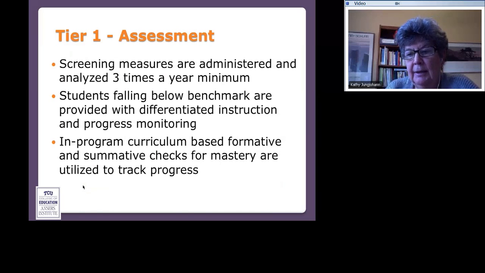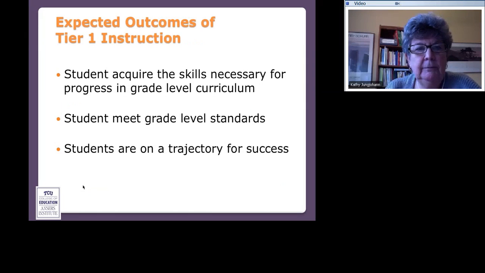For instance, in most math curriculum, there are formative checks or quick checks for student mastery, as well as unit tests to track progress of students to make sure that they're meeting the expectations of movement through the curriculum. And these are important measures to remember to include in looking at the effectiveness of Tier 1 instruction.